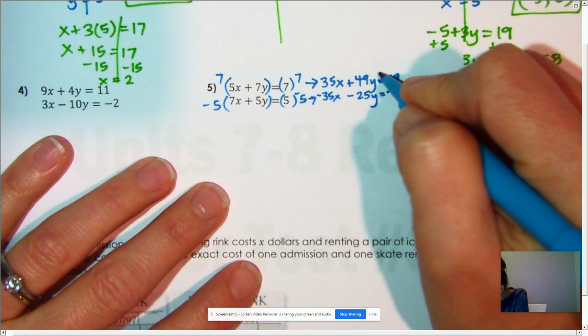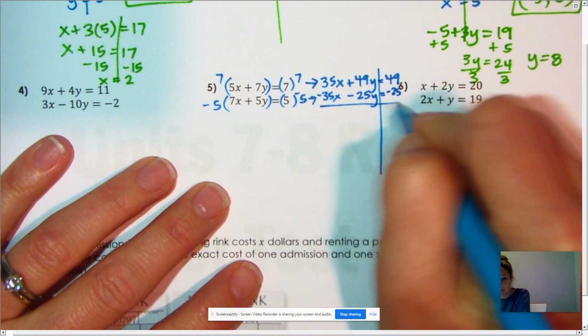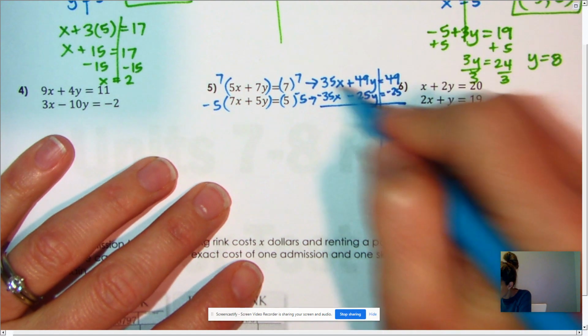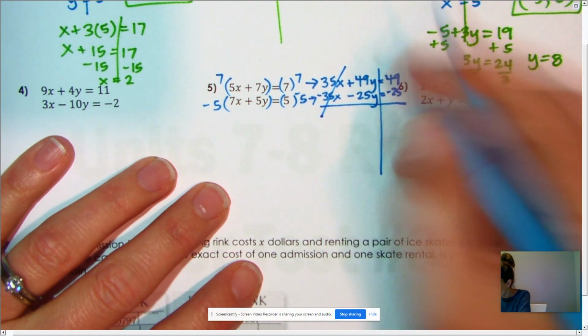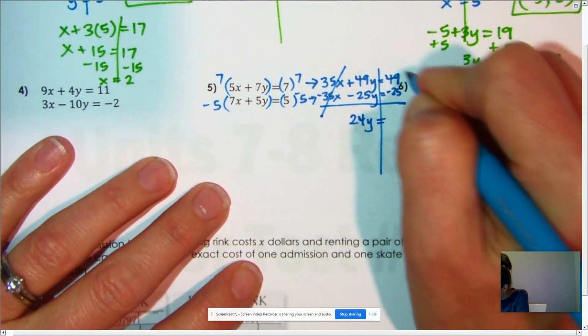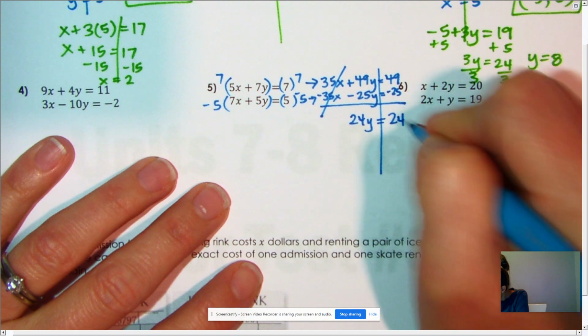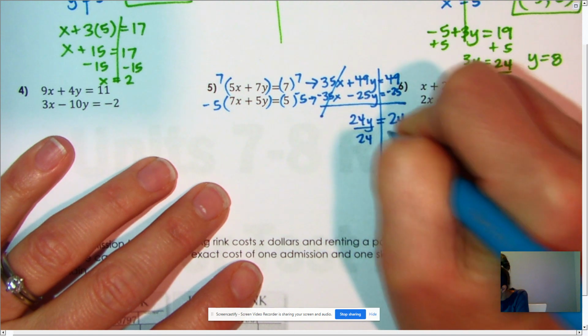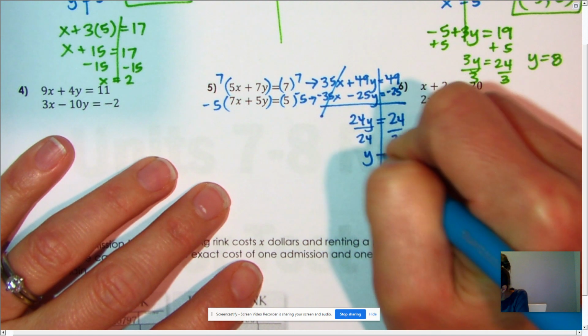Sorry, I didn't leave much room on that one. Hopefully you guys can still see. All right, so then the x's are eliminated. 49 take away 25 is 24y equals 24. Divide by 24 on both sides. So we get y is equal to 1.